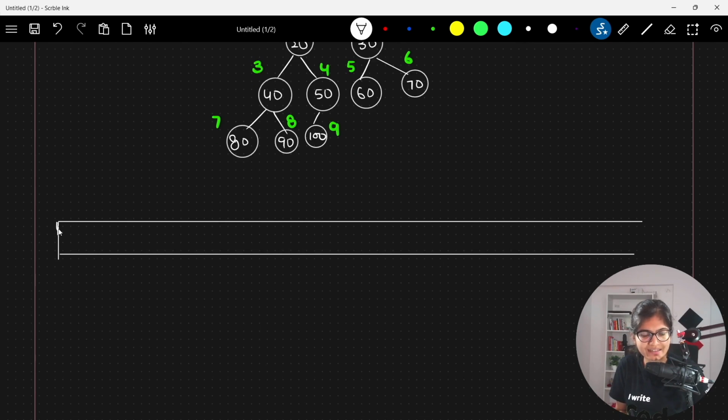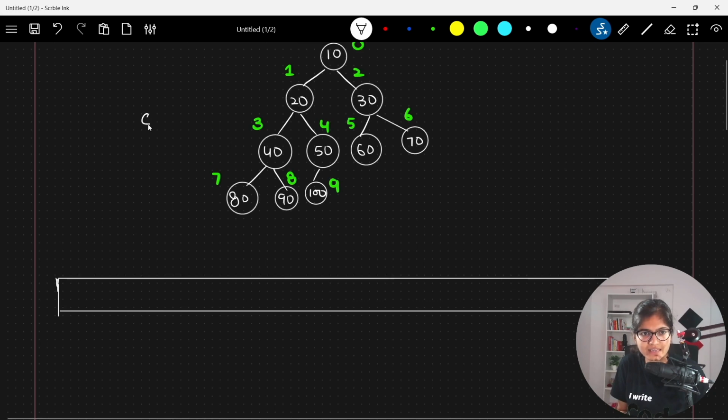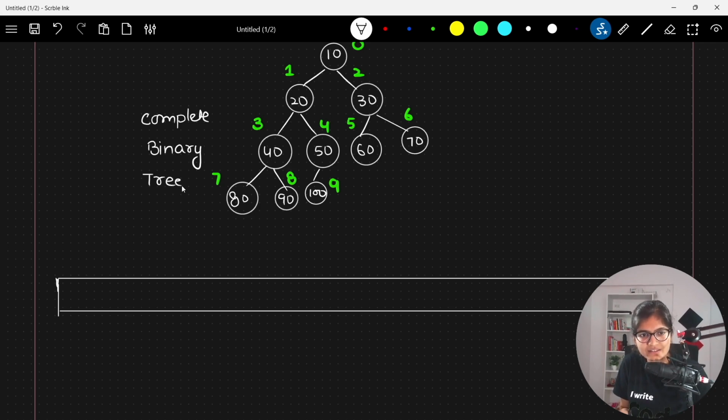As we know, because it's a complete binary tree, a CBT, there is very little wastage of space in an array, and that's the reason we will use an array data structure to store all these elements.